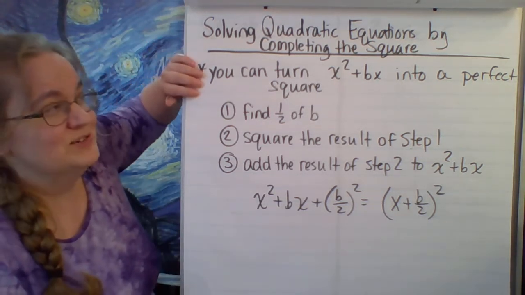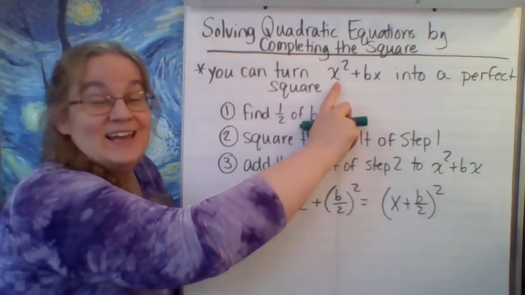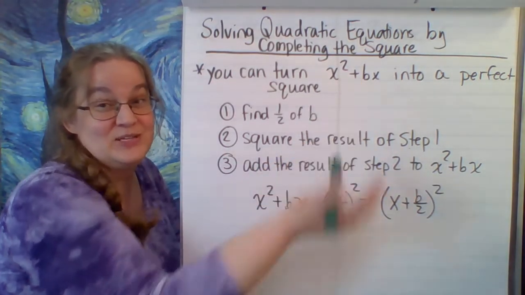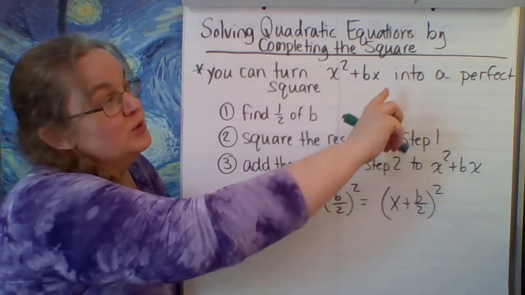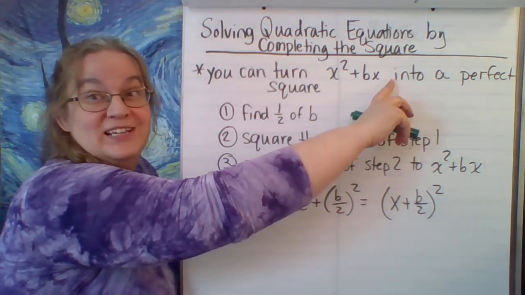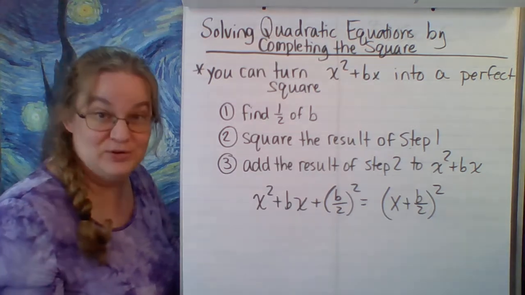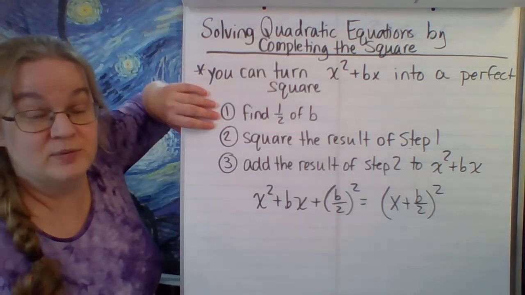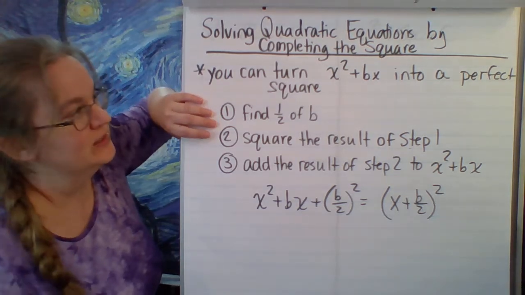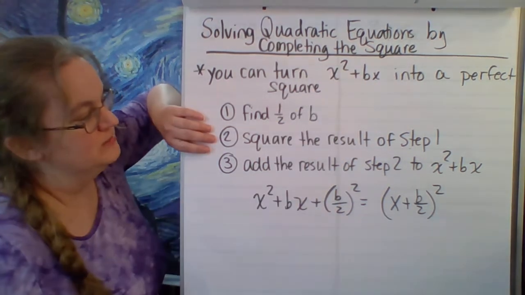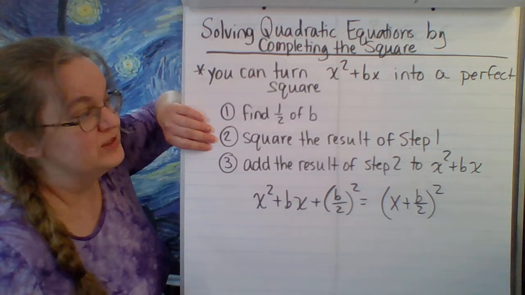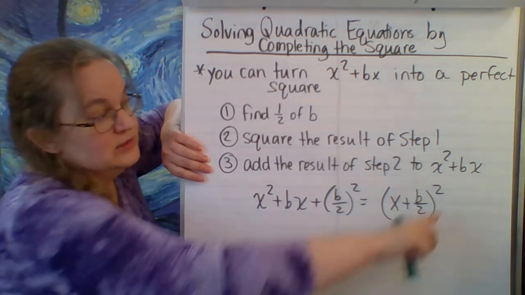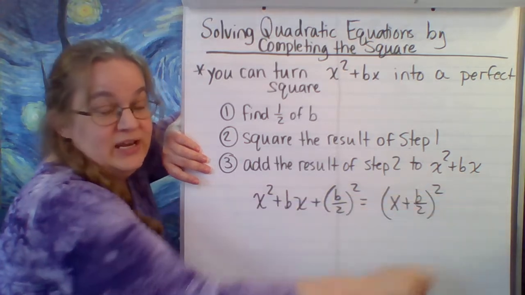So the first thing you understand is that you can take x squared plus bx and turn it into a perfect square. That's what we mean by completing the square. In other words, we're going to figure out what the plus c is that makes it a perfect square. So the steps to do that are you're going to start by taking half of b, so half of that coefficient, square the result, and add it to x squared plus bx.